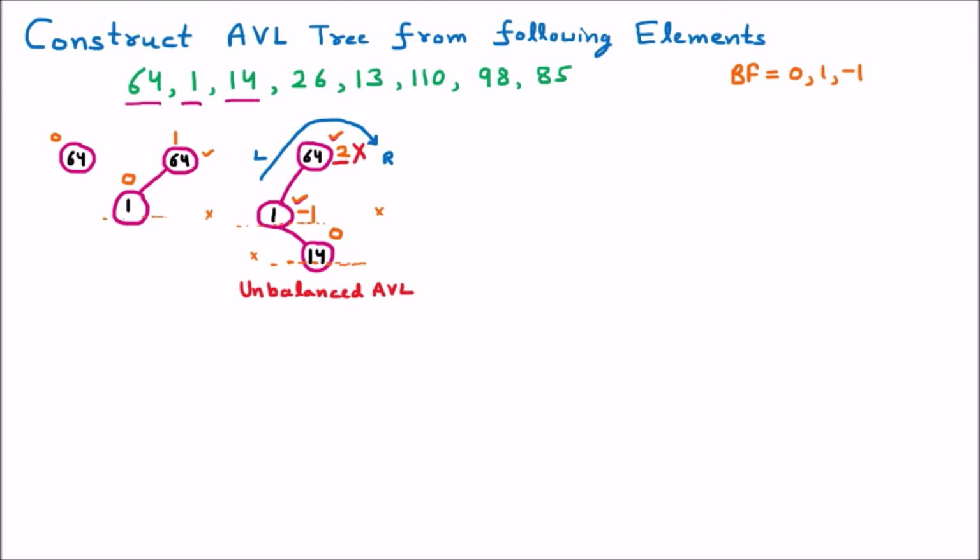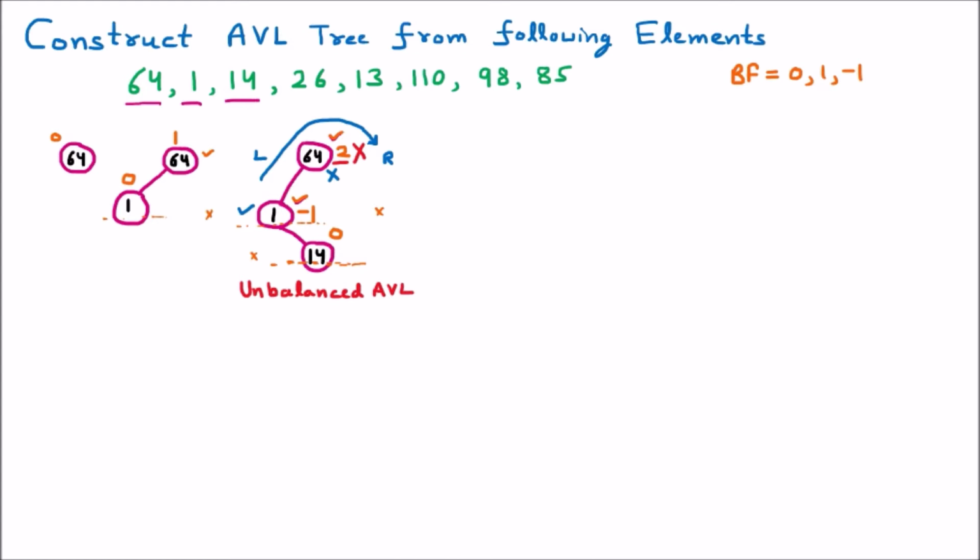But for rotating the tree, we know that node 64 is not following the criteria, because right now 64 is the parent. So now we are trying to give the opportunity to the next node, which is 1. If we construct the tree with 1, then we will see how it will work. So let us suppose that 1 is the parent now.